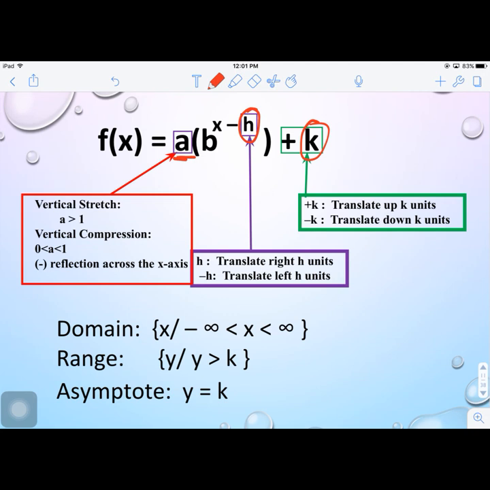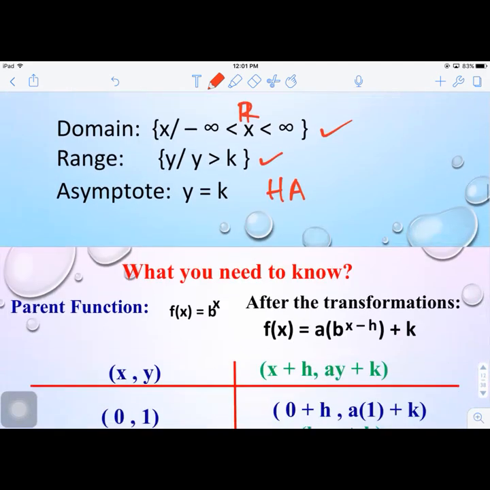And notice that the function is always going to have all real domain, and the range is always going to be greater than that number in the back, k, and that asymptote is going to be y equals k. In fact, this is going to be a horizontal asymptote, HA.